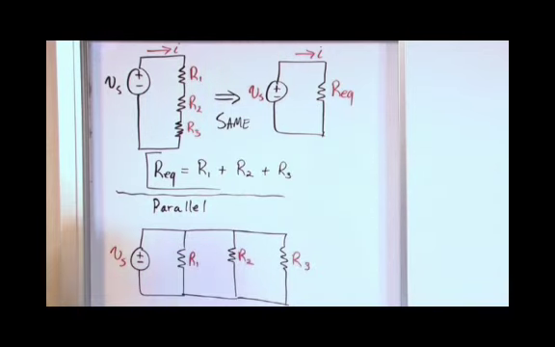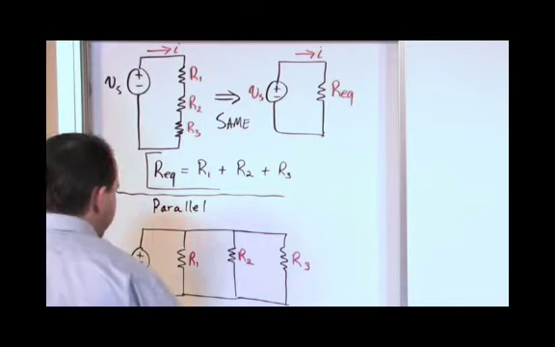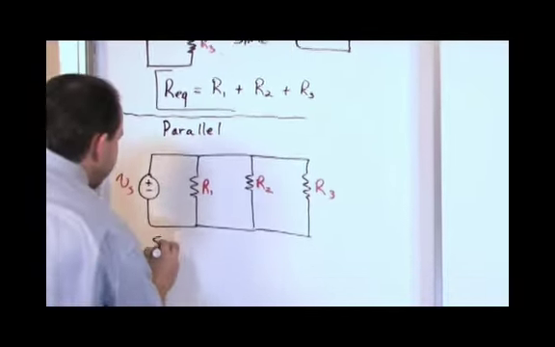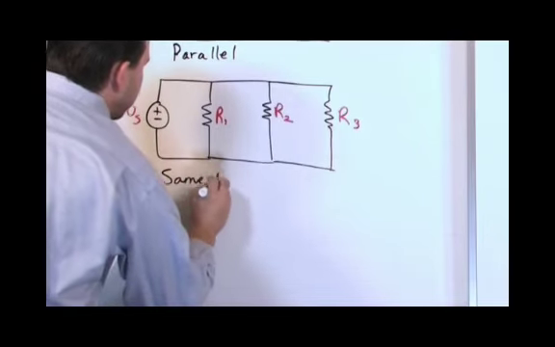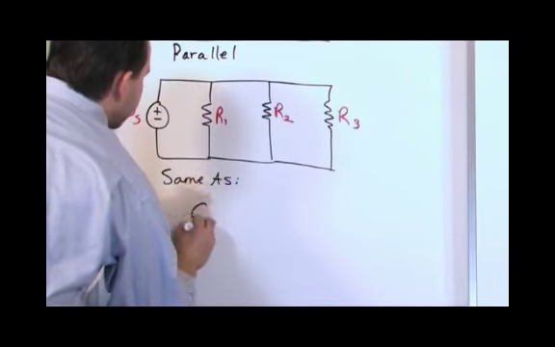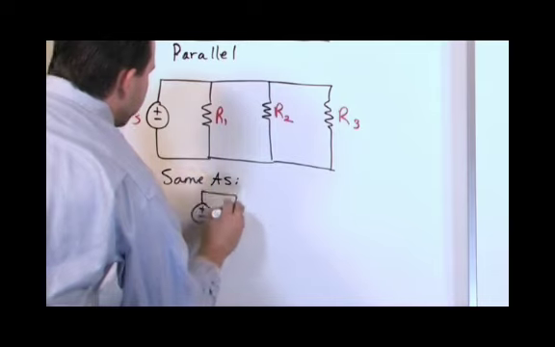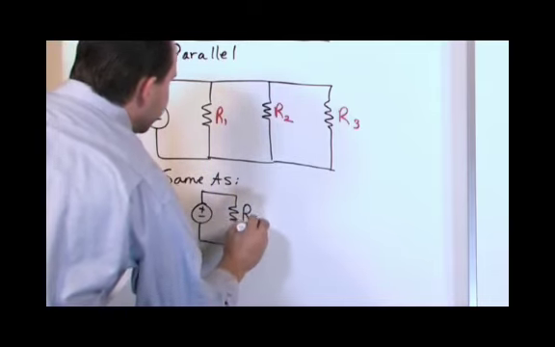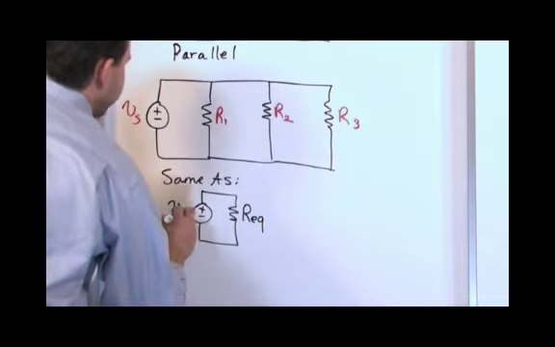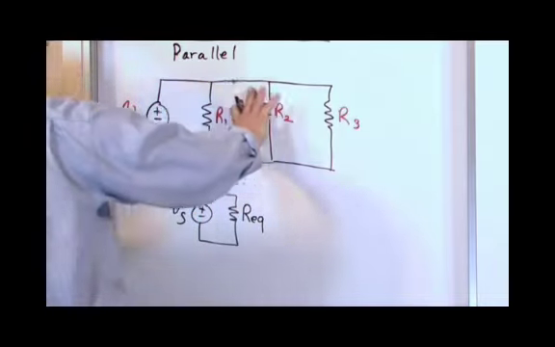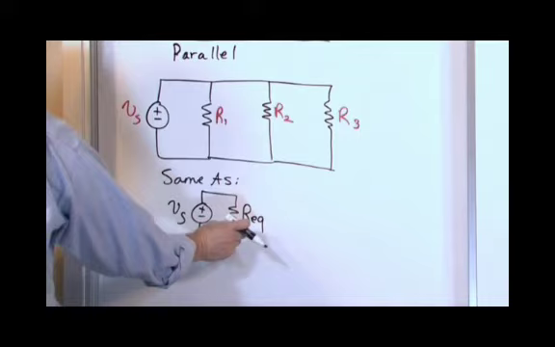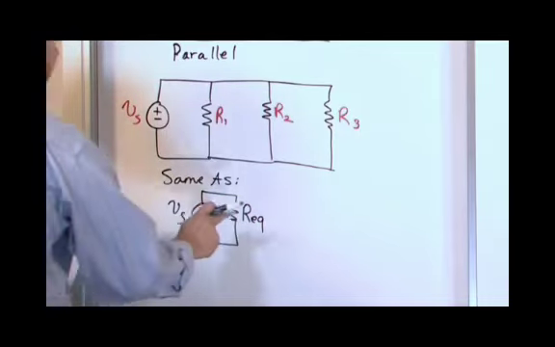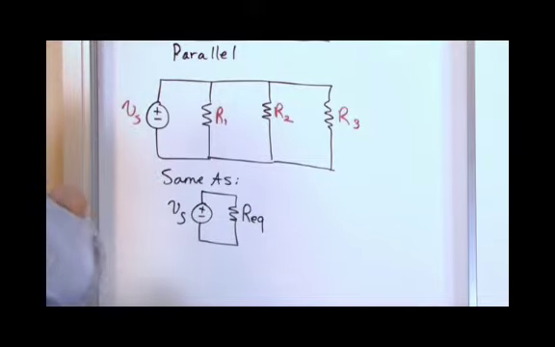So if you wanted to make an equivalent circuit for what we see here, it's the same as the following circuit. We're going to have an equivalent resistor, I'm going to call it Req, and this will be Vs. So it's the same thing. You can re-represent these resistors as a single resistor, and this circuit is going to have an equivalent resistance given by the following.